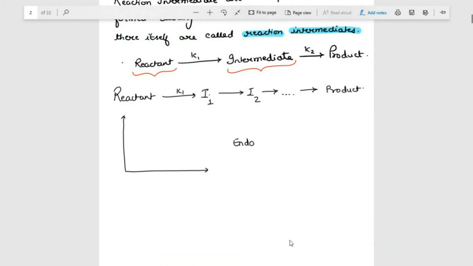I'm drawing a general energy scale. This is my intermediate 1, and then it is converted to product. This is a possibility. Here is the energy coordinate, here is the progress of reaction.